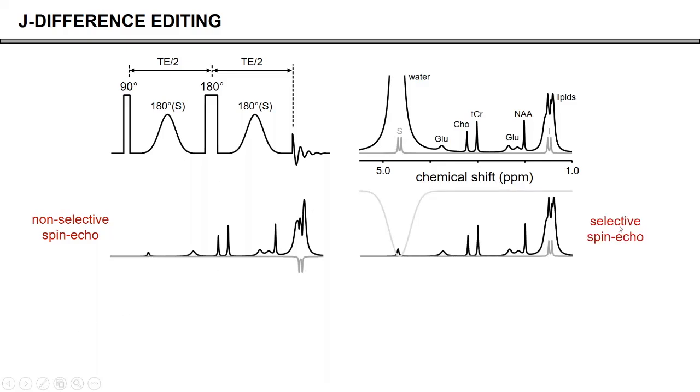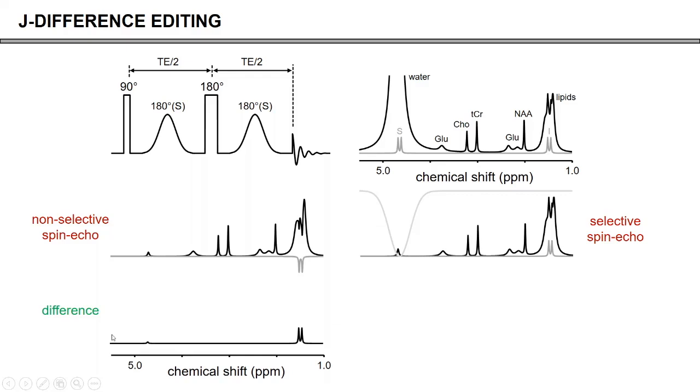If we now do the selective spin echo, in which the selective pulses are selectively refocusing the S spin, but not the I spin, then we have an inhibition of scalar coupling evolution, and our I spin is up and positive. All the other resonances are identical between the two spectra. So if we now subtract the two from each other, we get an edited difference spectrum in which we only see the edited I spin.